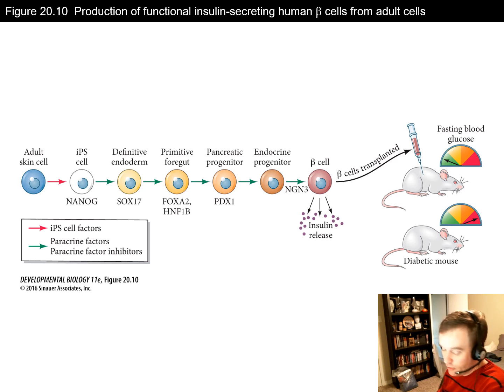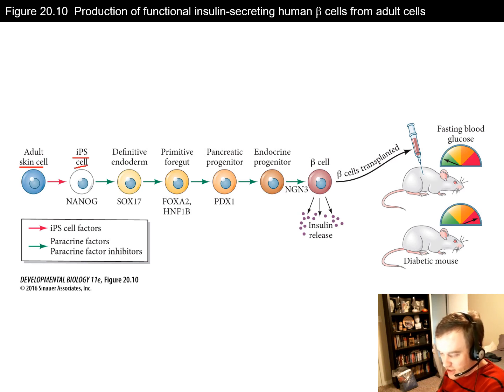We briefly hit on this in chapter 5, but what scientists have been able to do, and hopefully in the future we'll be able to do in humans, is take an adult skin cell and, using the transcription factors that we know about, revert that to an induced pluripotent stem cell.